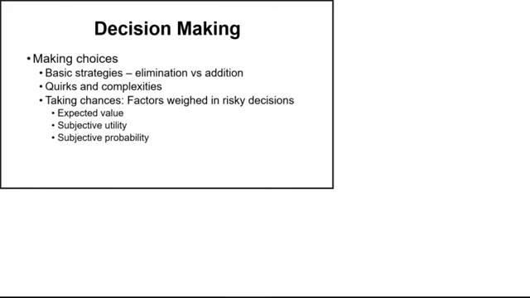All right, and so next we're getting into, okay, so how do we actually make these decisions? We've talked about framing, we've talked about some of the considerations in the background. How do we actually go about making these decisions? And we're going to see fairly quickly that with humans, a lot of our decision-making strategies are fairly simplistic.